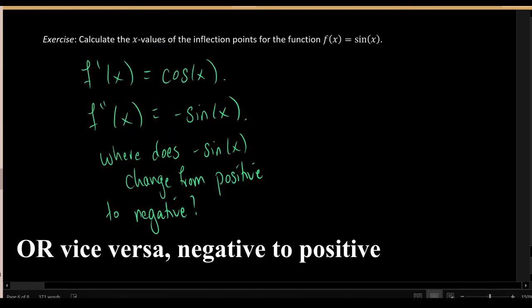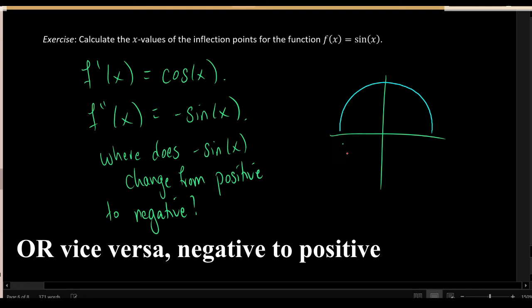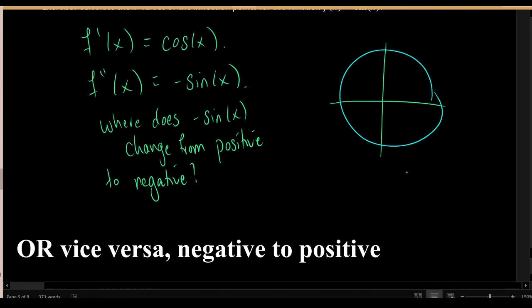To answer this question, my preference is to have a look maybe at the unit circle. Whenever sines and cosines are involved, the unit circle is not a bad idea. Now, sine of x changes from positive to negative at these two locations marked by x's.